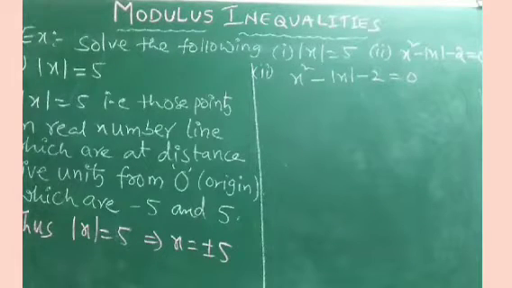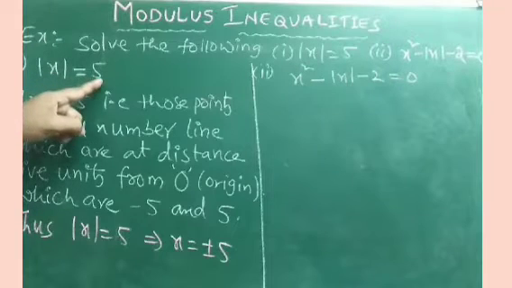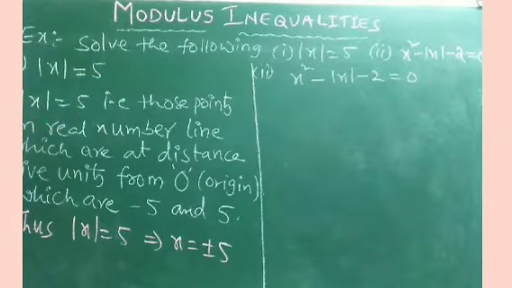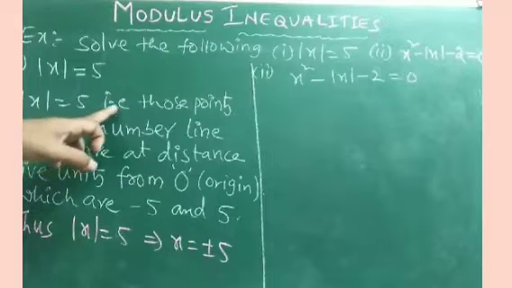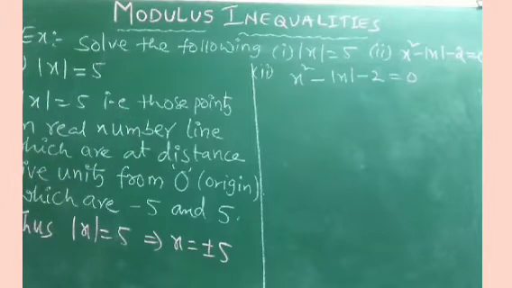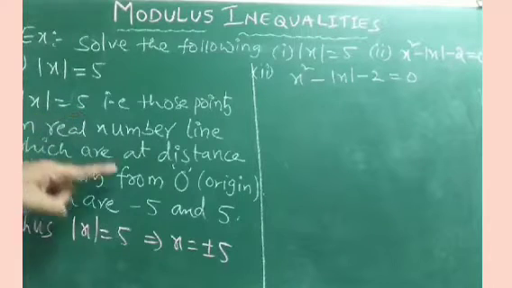Coming to the first one, modulus of x is equal to 5. Just now we discussed the modulus function, or absolute value of x, according to geometry. Modulus of x equal to 5 means those points on the real number line which are at a distance of 5 units from the origin, isn't it?